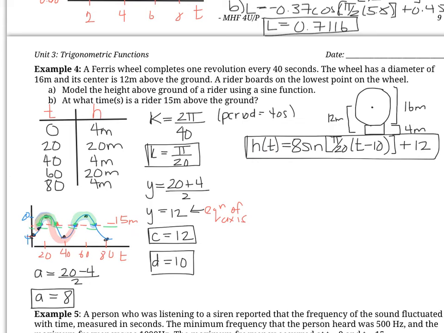So for B, I'm going to plug in our height equal to 15. So I'm going to put 15 is equal to 8 sine pi over 20 t minus 10 plus 12, and I'm just going to isolate for t. So the next thing I'm going to do is move that 12 onto the other side. So I have 15 minus 12, which is going to give me 3.